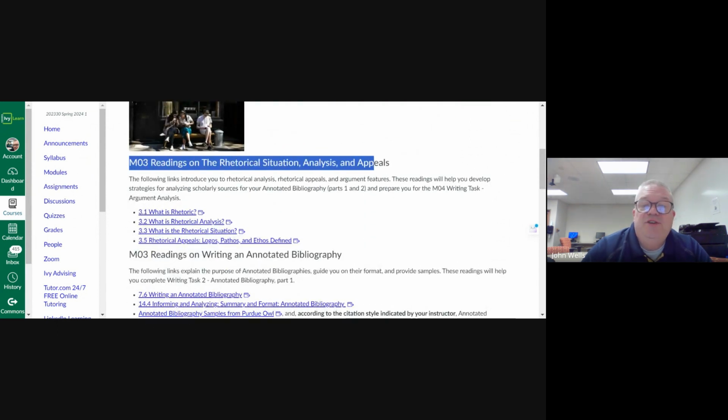Then when we get into the rhetorical situation analysis and appeals, this really gets to the heart of how the article was written. How was this put together? What intentional choices did the author make to create the message in the way that they formatted it? This message was formed in a particular way and was meant for us to react to it in a certain way.